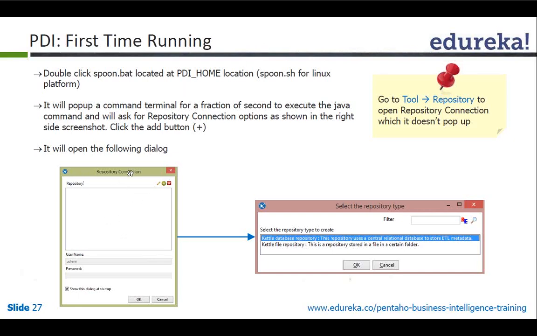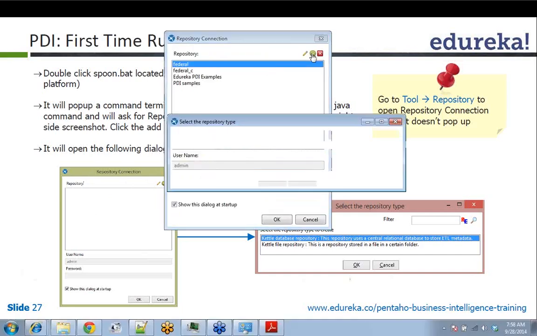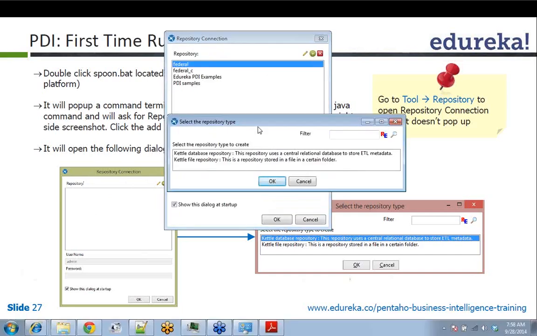As you can see here, repository connection. Now we can add a repository connection by clicking on this green plus icon. There are two types of repository options it is giving. First is Kettle database repository. Second is Kettle file repository.